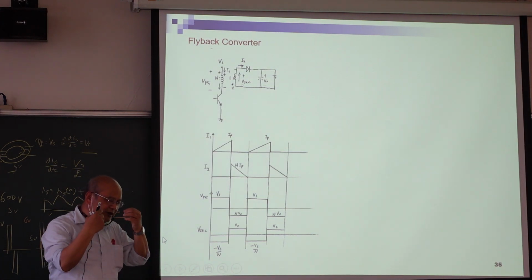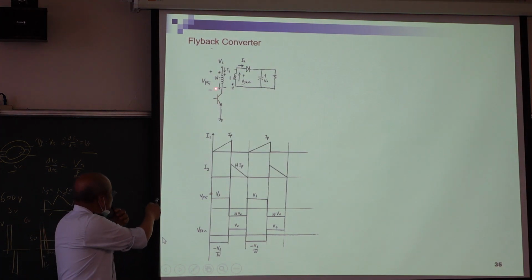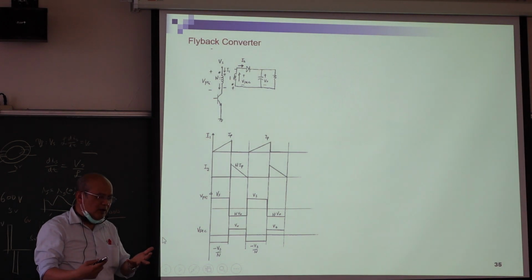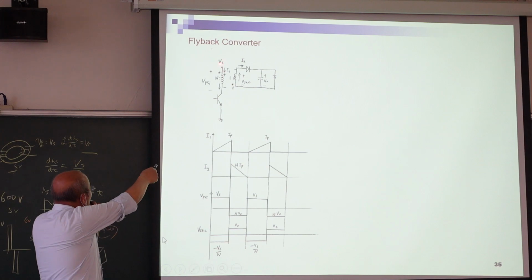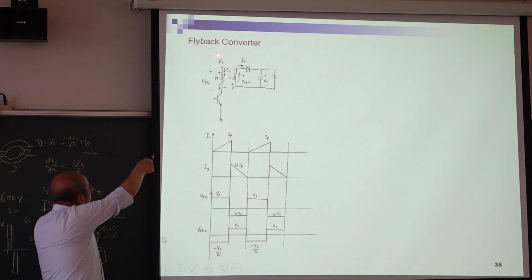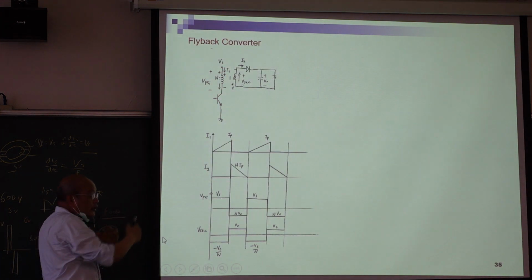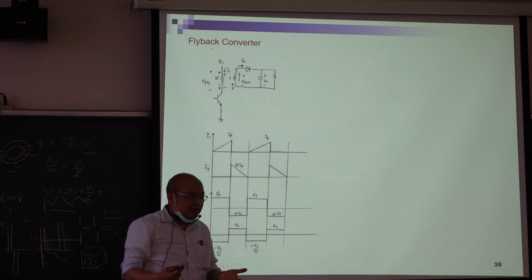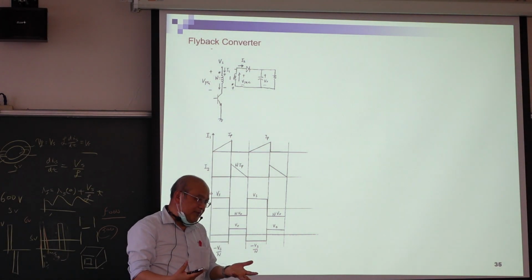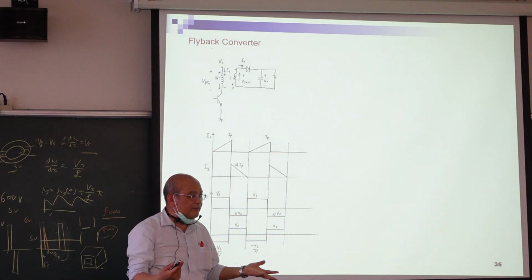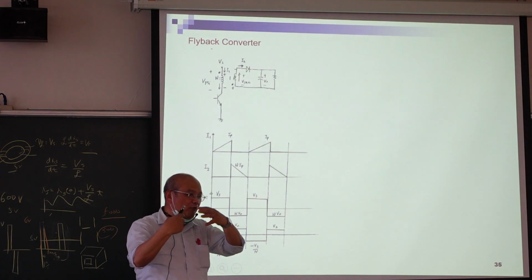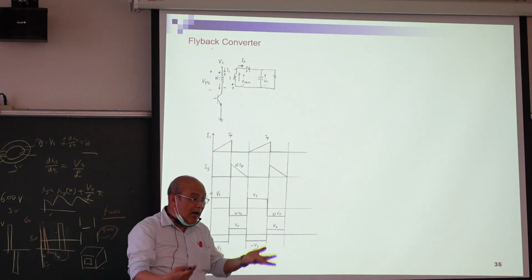Then do you think this switch becomes cheaper or more expensive? Originally you use 100 volts, but now you have to buy a 200 volt switch. Then do you think the switch becomes cheaper or more expensive? More expensive, because your switch voltage rating is higher.